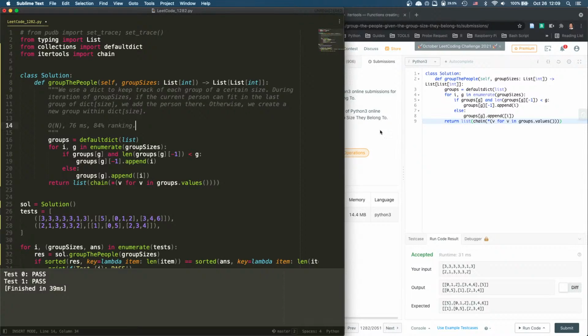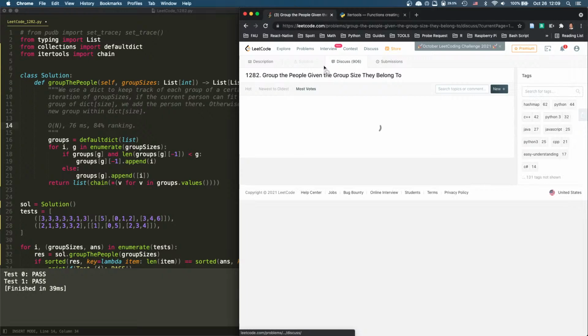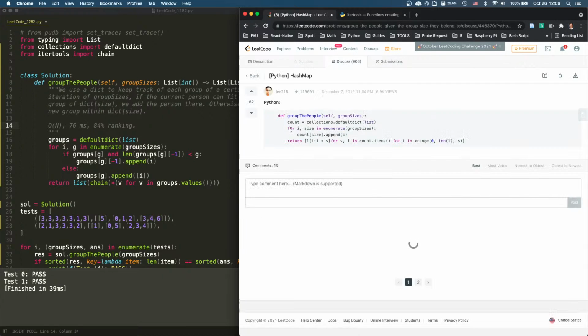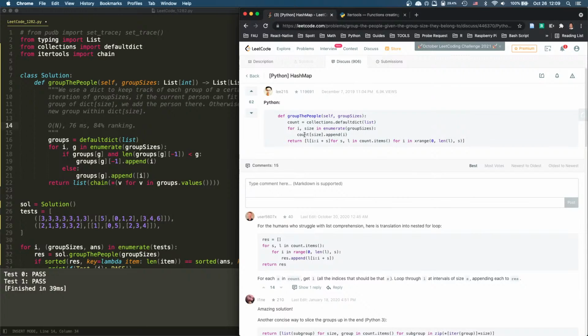All right, I'm going to take a quick look. I don't think there's much to discuss. Greedy hash map. Enumerate count size. Ah, I see. I think I know.